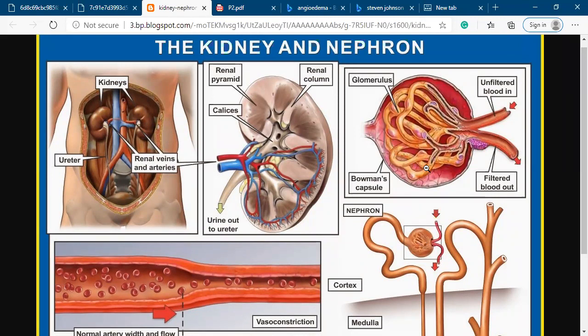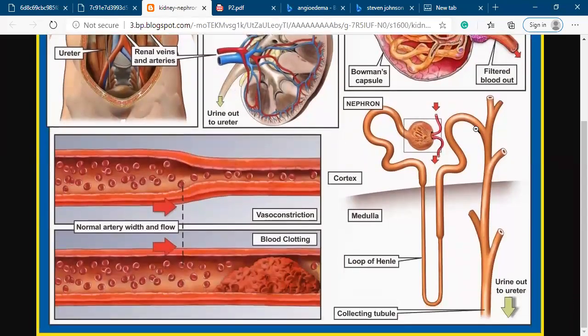The interior of Bowman's capsule contains the glomerulus, where blood waste materials pass and come out through the afferent and efferent. Some good materials are reabsorbed, some go through the collecting tube into the urine. We are going to focus on the different parts of the renal tubules where the diuretics work.